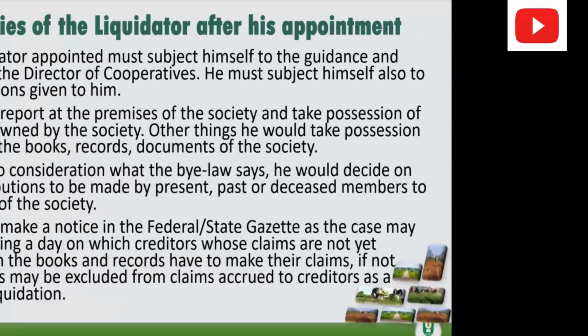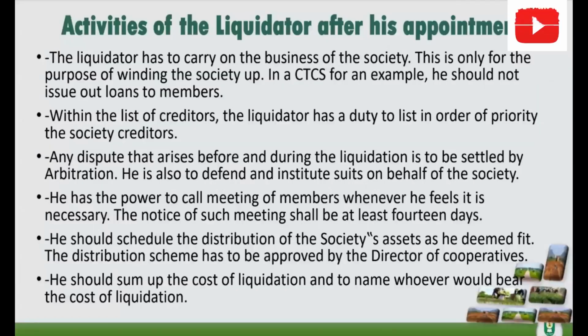Now, the liquidator has to carry on the business of the society. This is only for the purpose of winding the society up. In a cooperative thrift and credit society, for example, he should not issue out more loans to members. Within the list of creditors, the liquidator has a duty to list in order of priority the society's creditors.